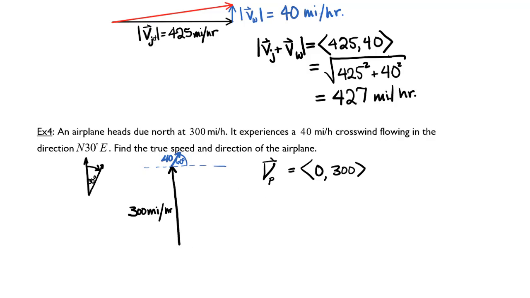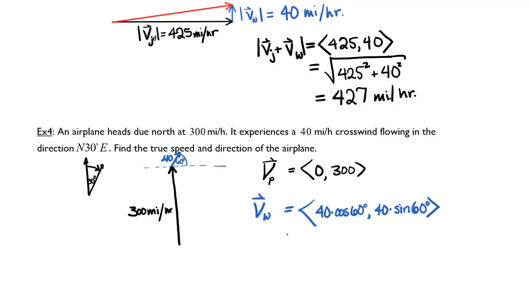And if we wanted to represent the vector for the wind, we would have to represent it as two pieces. Because we know the angle and we know the length of the vector, we can say that it's 40 times cosine of 60 degrees, comma, 40 times sine of 60 degrees.